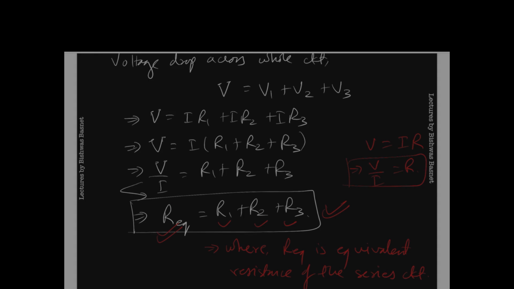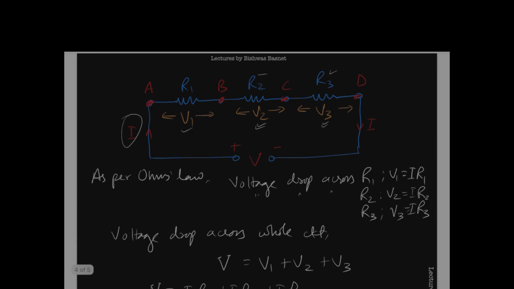Now, this is something which we write generally as Req, saying that it is the equivalent resistance of the whole circuit. How the story forms is because V is for the whole circuit, I is also for the whole circuit, then whatever this will give should be also for the whole circuit, right? Not some individual elements, but for the whole circuit.